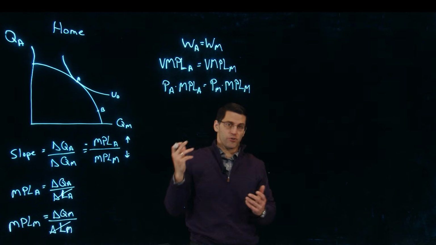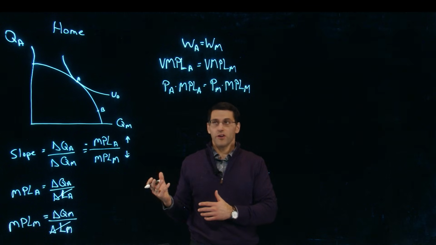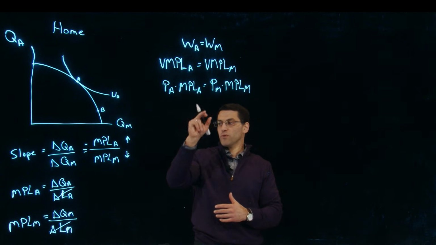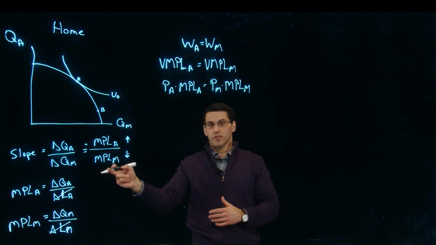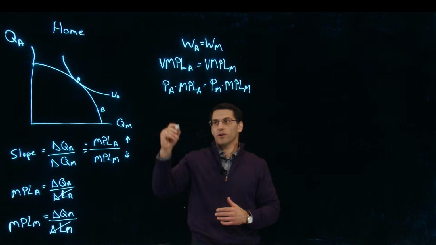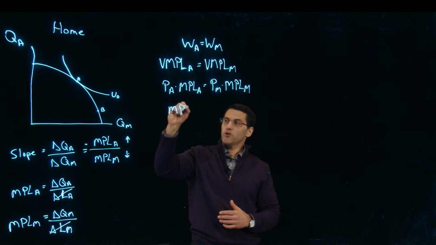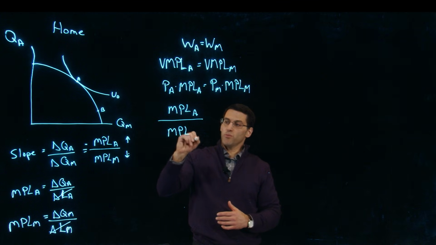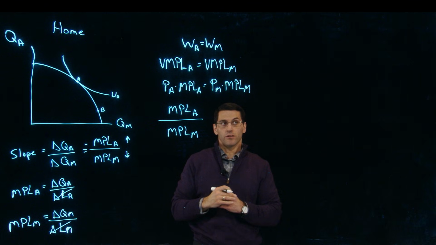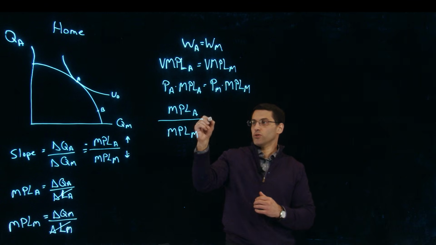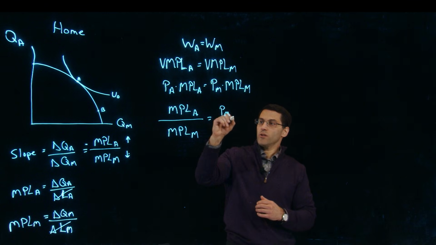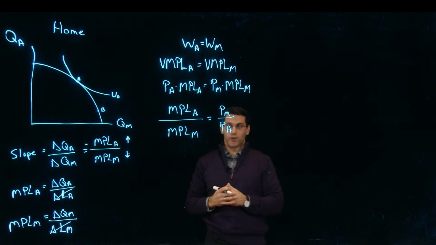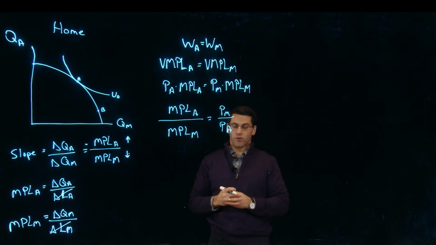So we take this equation and rearrange it just as we did with the Ricardian model. What do we get? We get that the ratio of the marginal products, and I want to keep them to be the same as this expression over here, the marginal product of labor in agriculture over the marginal product of labor in manufacturing is equal to the price ratio, but it's price of manufactured goods over the price of agriculture.